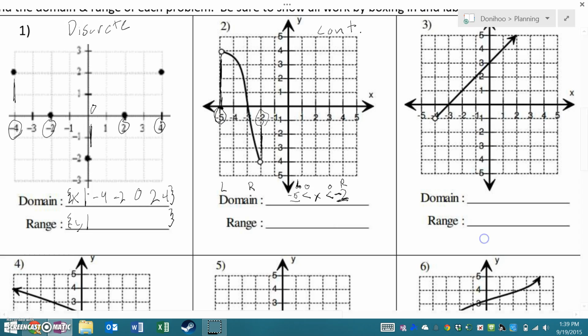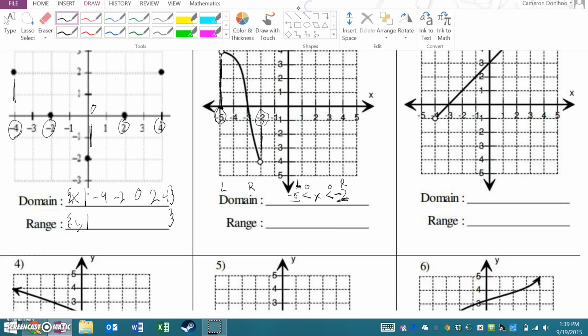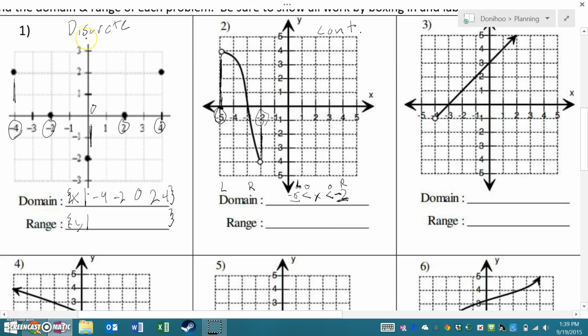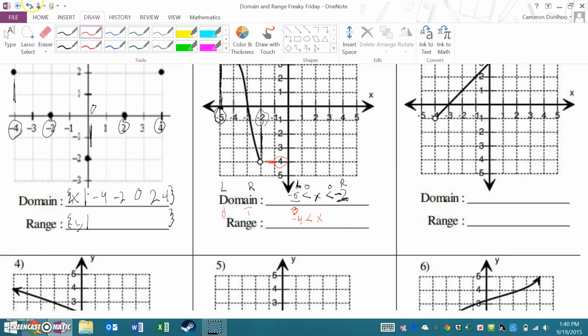Now, from bottom to top on this graph, and I'm going to change colors just so that it stands out a little bit more. From bottom to top, that's how our range gets read. All right, so bottom here, that would be -4. So again, from bottom to top, -4. Inequalities are all going to face the same direction. Whoops, doing range.